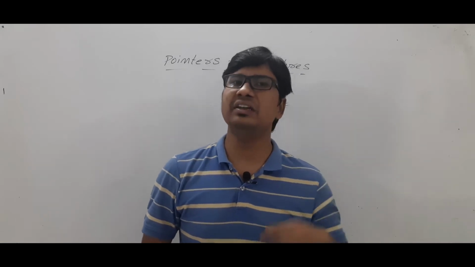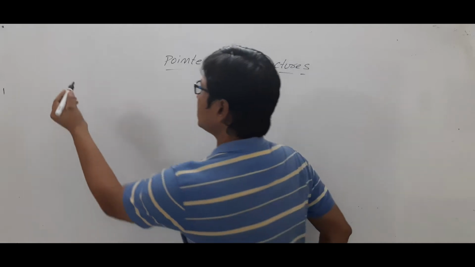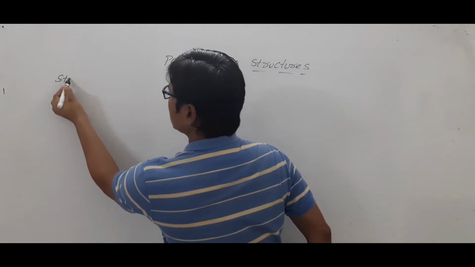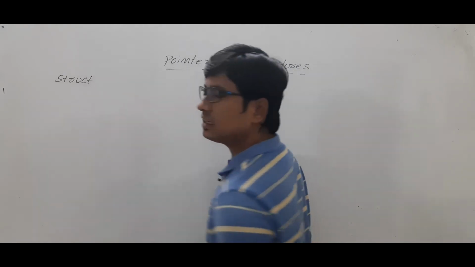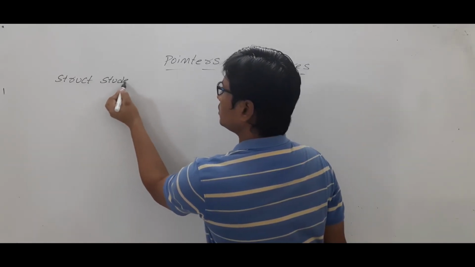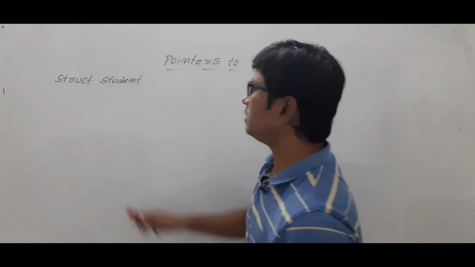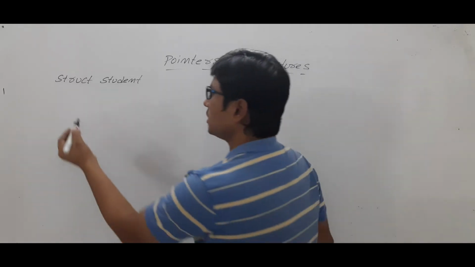First, let me define a structure called student. So how to define a structure? I need to use a keyword called struct, and then I need to define the structure name. What is the structure name here? I want to keep it as student. So struct is the keyword and student is the structure name.